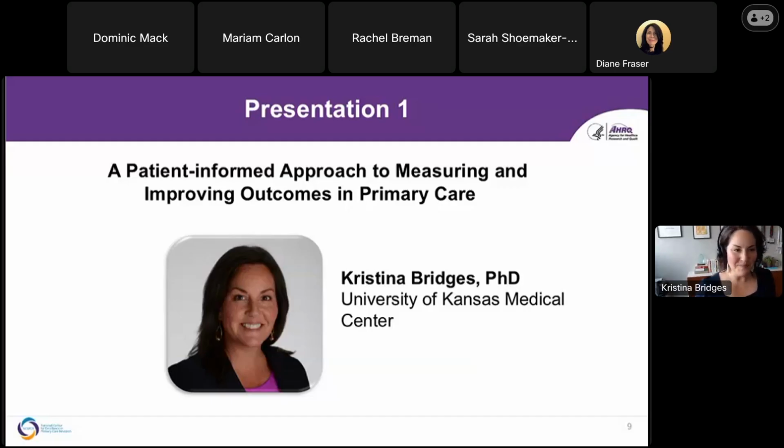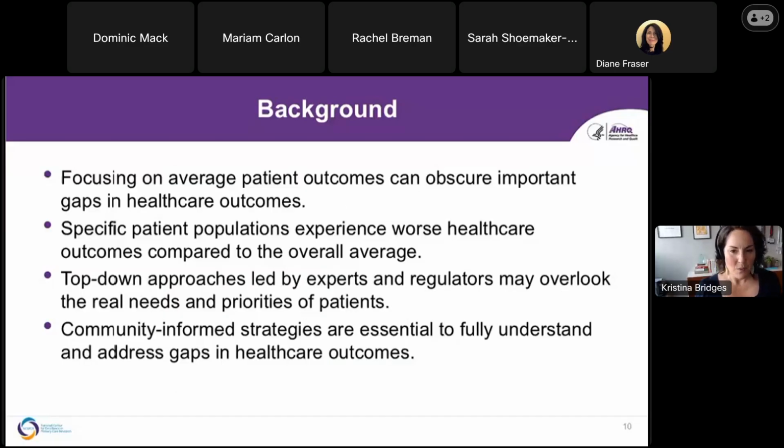All right, next slide. So first, why do we need to improve the way we look at quality metrics in primary care? When we focus only on average patient outcomes, we risk missing critical gaps in healthcare. Specific populations, often those with health-related social needs, experience outcomes that are far worse than the overall average.